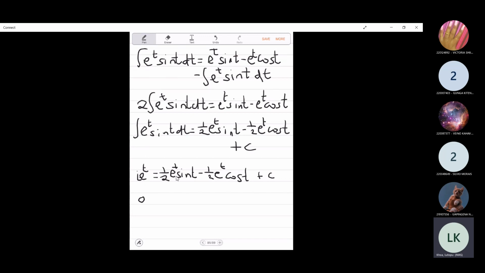This is equal to 1/2 times e to the power of 0 times sine of 0, which is 0, and minus 1/2 e to the power of 0 cos of 0 plus c. So this is 0. This is minus 1/2. Sorry, cos of 0. Cos of 0 is 1.